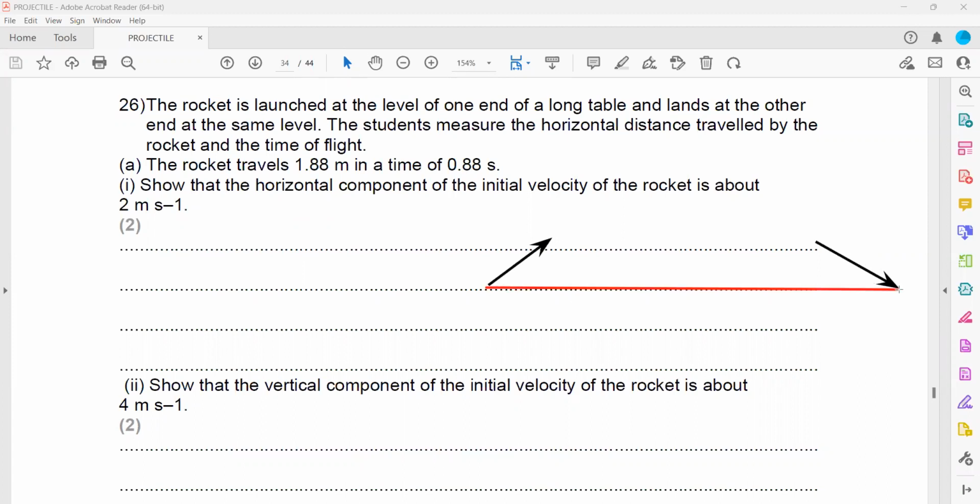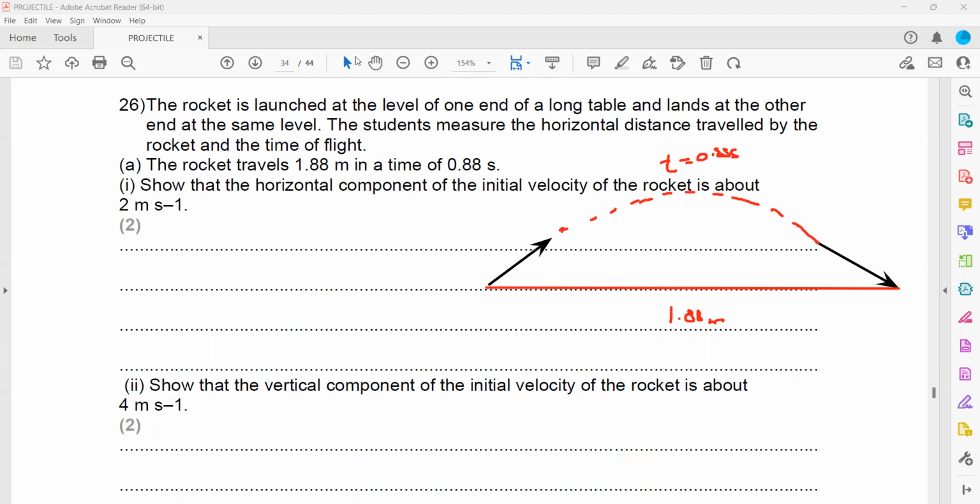The range of this rocket, the maximum distance, is 1.88, and the total time of flight, as it rises up and comes down, is 0.88 seconds.